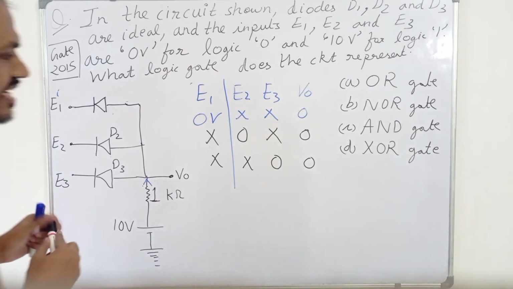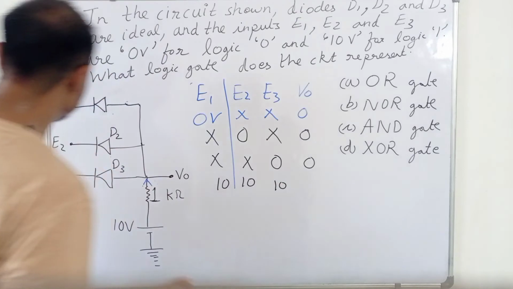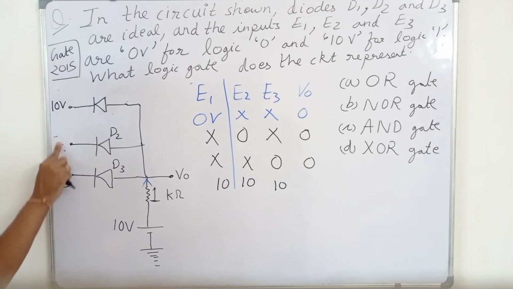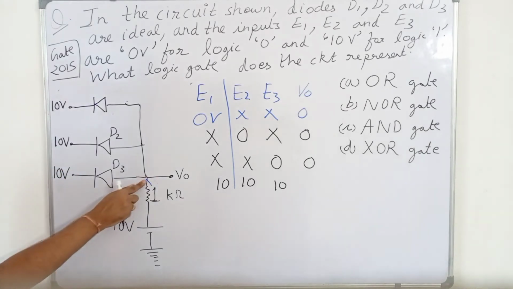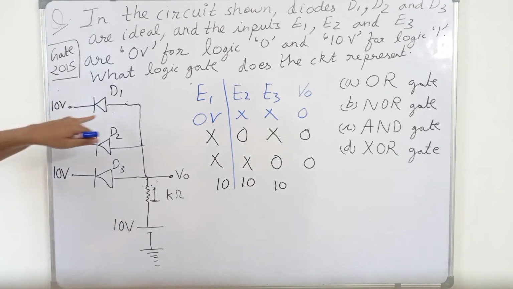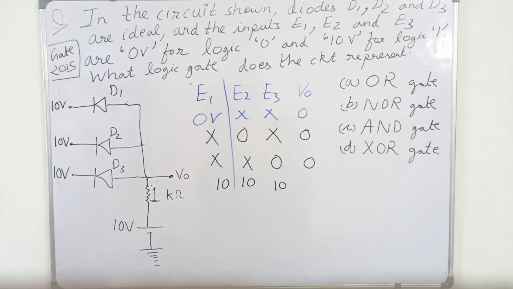Now the only case remaining is 10 volt, 10 volt and 10 volt. If E1, E2 and E3 are all 10 volt, then all the diodes D1, D2 and D3 will be reverse biased, because the N terminal is connected to 10 volt and the P terminal is also connected to 10 volt or a voltage lesser than 10 volt.